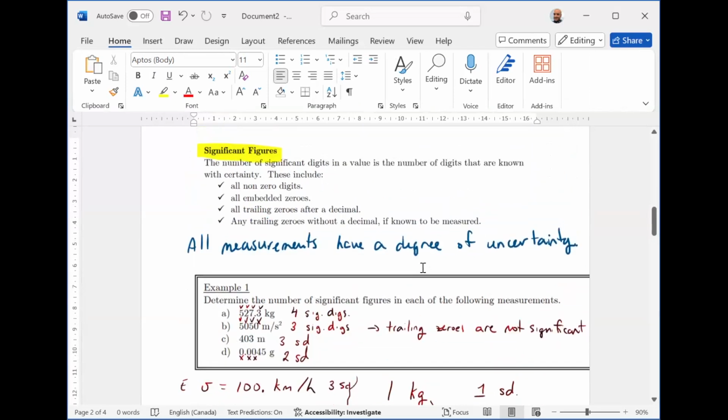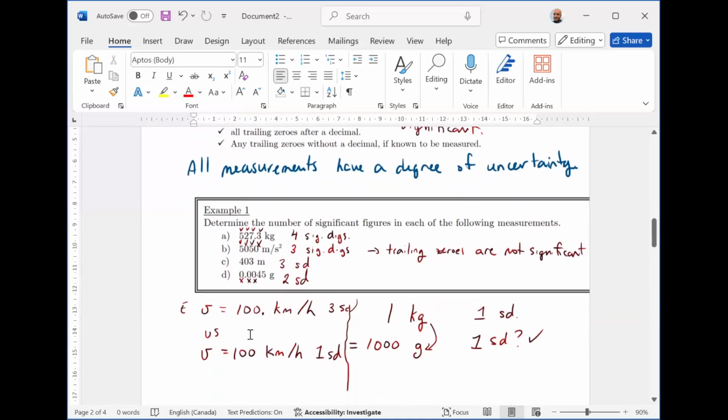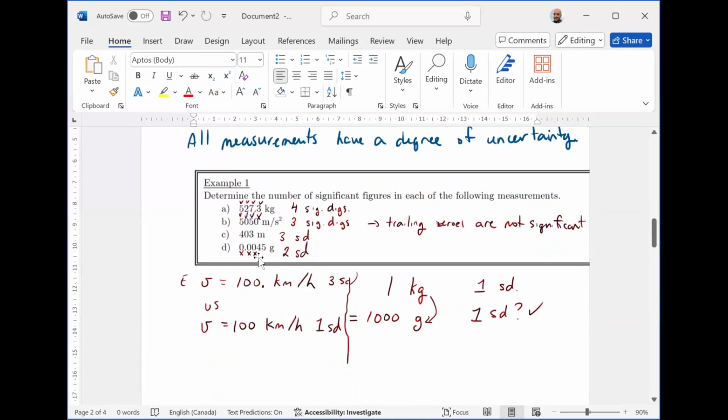So I'll add this to the note here that leading zeros are not significant. Only embedded zeros are. So that's a bit of a tricky one.